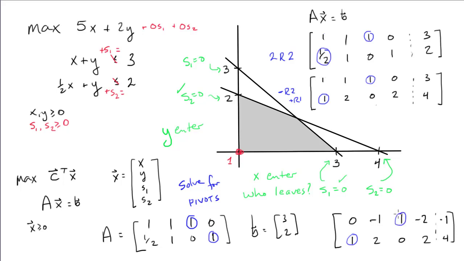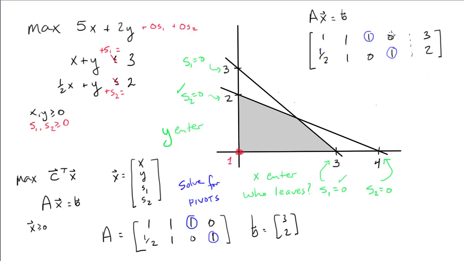Solving for X and S1. X is 4. S1 is -1. Not feasible. How to predict which row element to use without computing both?